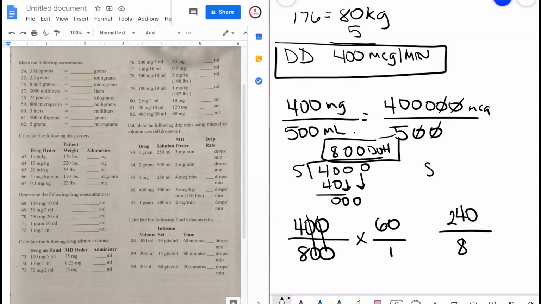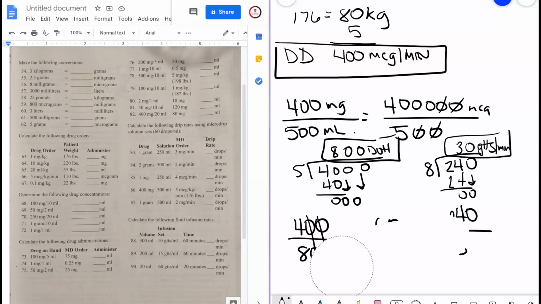Long division for those of you who like to see it. 8 goes into 24 3 times. 8 goes into 0, 0 times. So you are going to give 300 drops a minute.